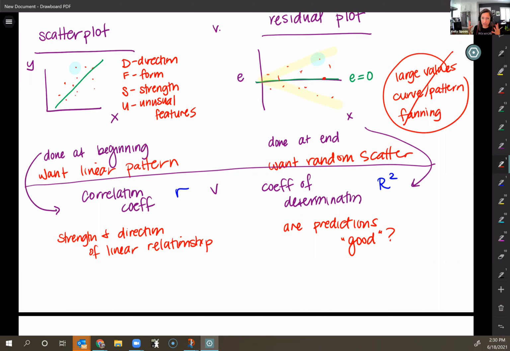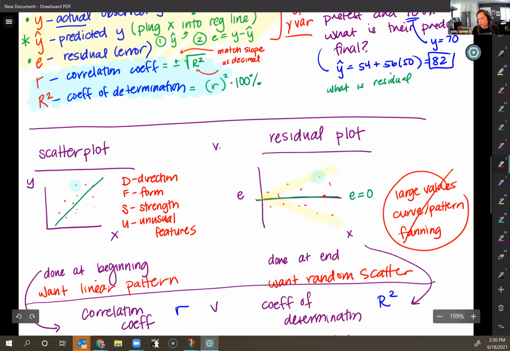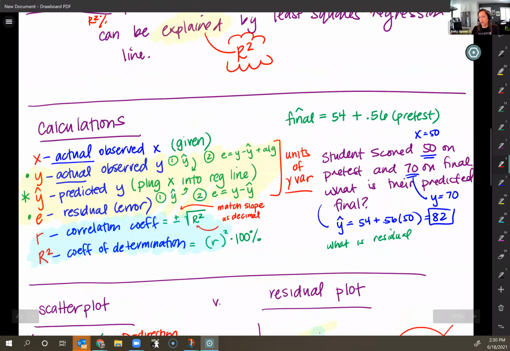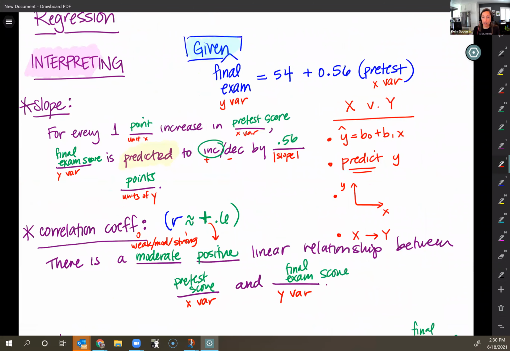Do you understand the difference between these very related measures, very related displays? Can you do these calculations? And can you interpret? Again, interpret is very different than explain. Explain your reasoning is, I really want to see your thoughts. Make sure you've got me a conclusion, you've got me some evidence, you've linked them together. Interpret is basically, I don't really want to see your thoughts.